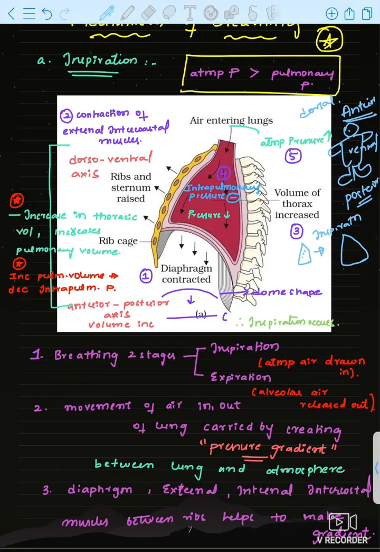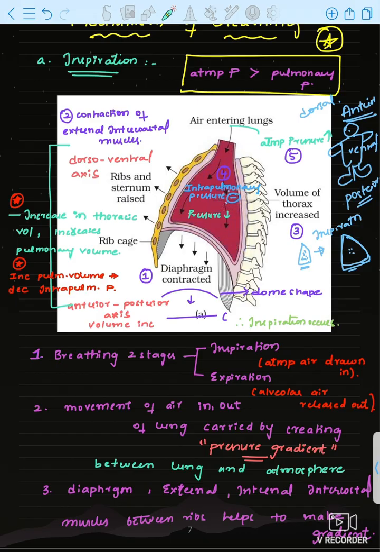Before, pressure was normal. Now the same amount of air is there, but volume has increased, so pressure will become less compared to before. That is why the intrapulmonary pressure, intra meaning inside the lung, will become negative, lower.